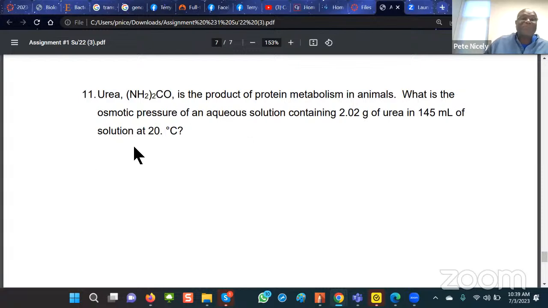Oh, they're asking for the osmotic pressure. Okay, so this is a pretty straightforward application of the equation. So let me rewrite the equation here, which is pi is equal to mRT. Okay, so what would you do with this? Anybody? How would you solve this problem?